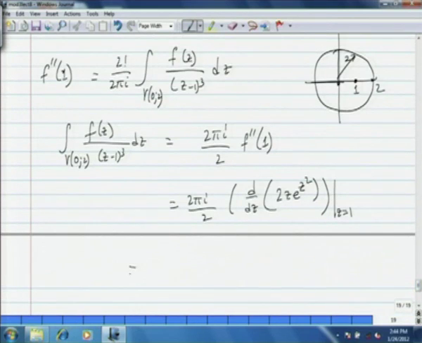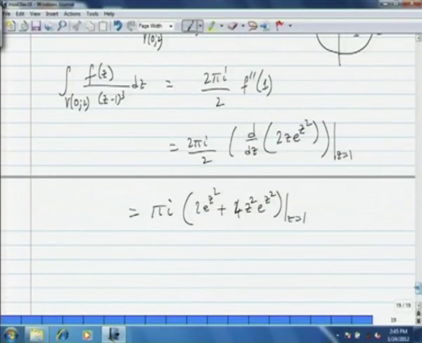So, that is equal to pi i times the differentiation of 2z e^(z squared), which is 2 e^(z squared) plus 2z times 2z, 4z squared e^(z squared), and all this evaluated at z equals 1. So, that gives us pi i times 2e plus 4 times 1 times e, which is 6e. So, this gives us 6e pi i, and that is the value of this integral.